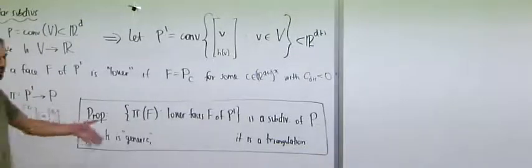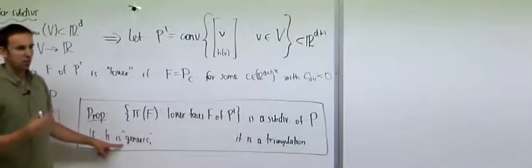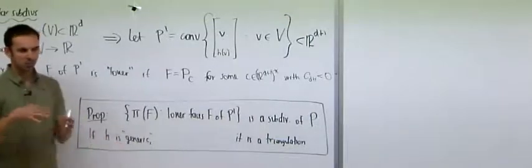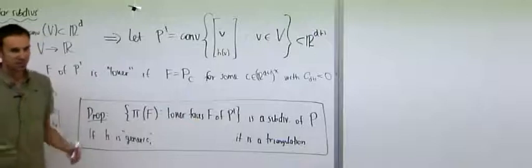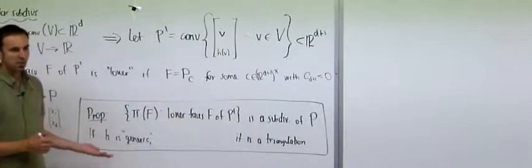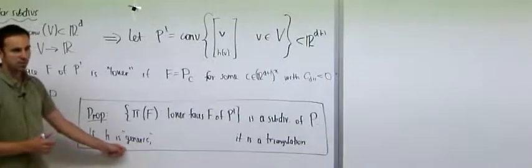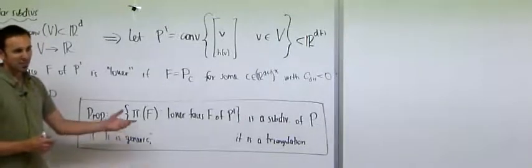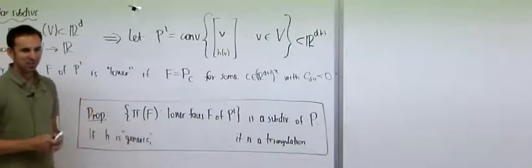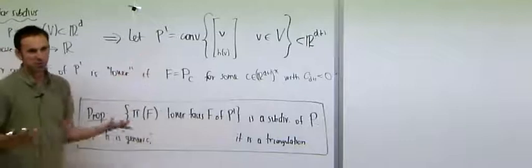If something is generic, then something happens. And really what this means is that for all H except those in a set of measure 0, this is a triangulation. But depending on the specific context, you might need to make a different definition of generic. And I think it's kind of a headache to say exactly what I mean. During the course of the proof, you'll see exactly what I mean by this.